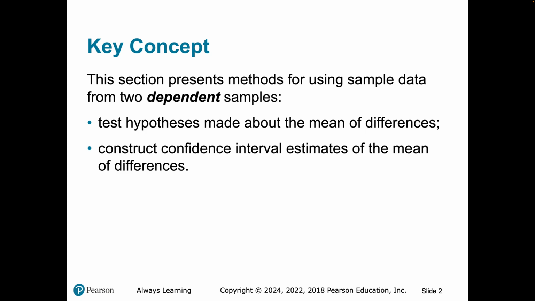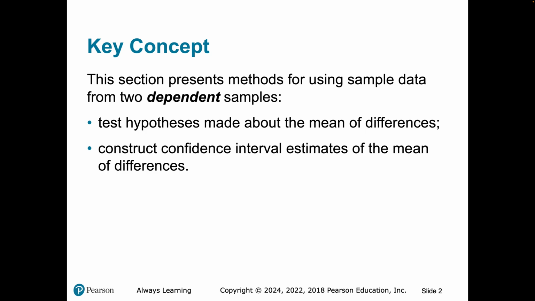So what I want you to think about for a dependent samples t-test is we're looking at the difference, well, as compared to an independent samples t-test, where we look at the difference of two means.